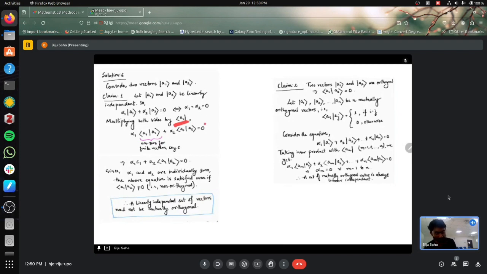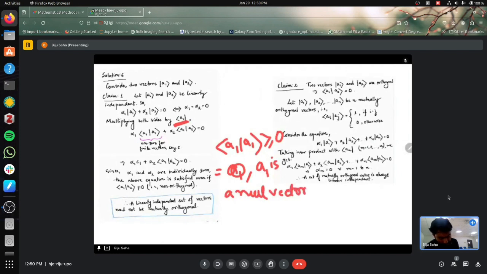Since the inner product of a vector with itself is always greater than or equal to 0, it is equal to 0 only when a1 is a null vector. Otherwise it is always greater than 0. So we can replace it with some finite scalar.